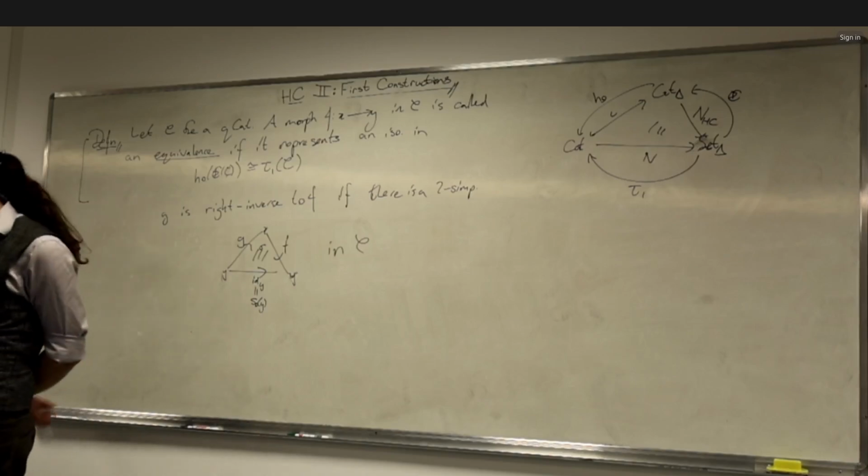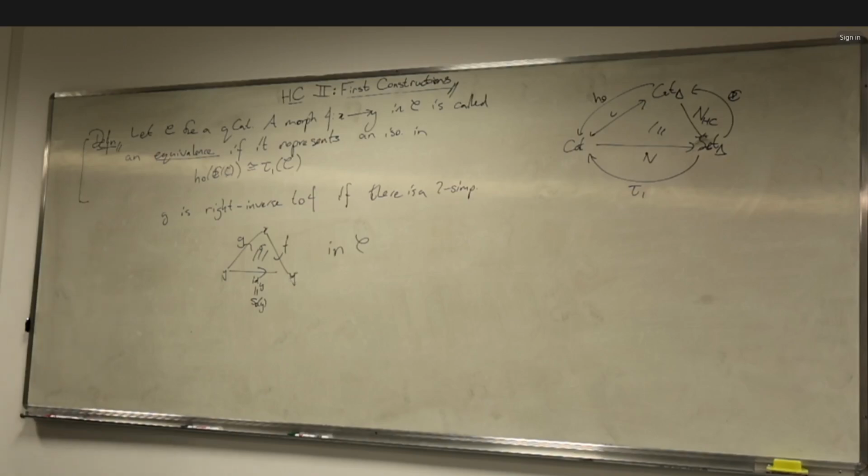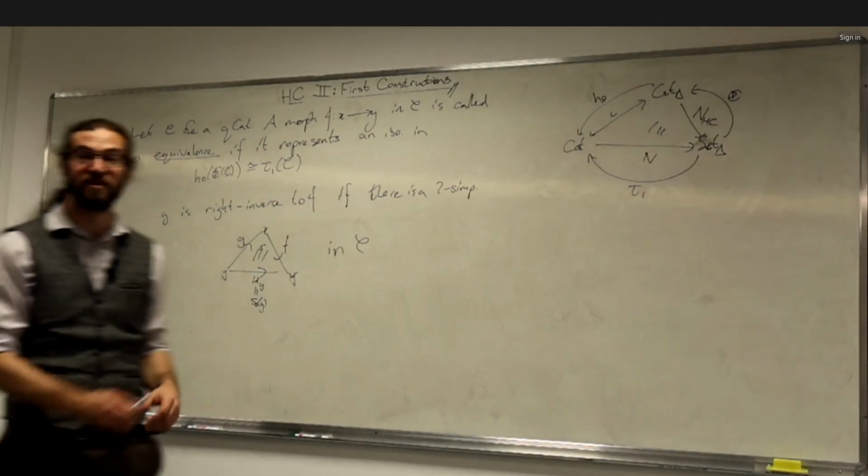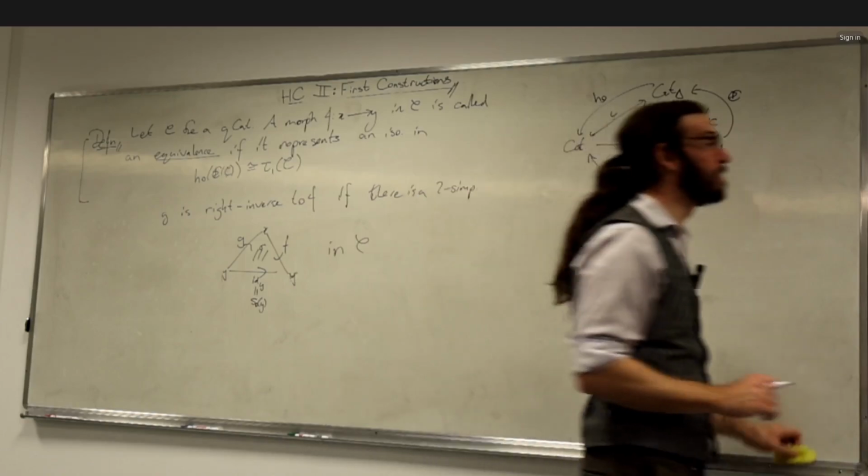So the first thing that I want to do is prove a lemma that gives two simple properties of how equivalences interact with right fibrations.